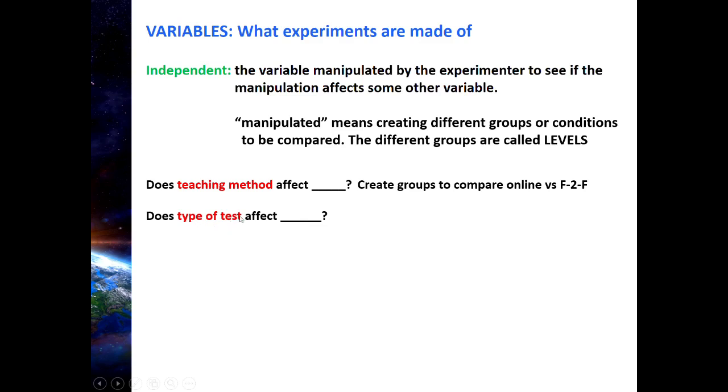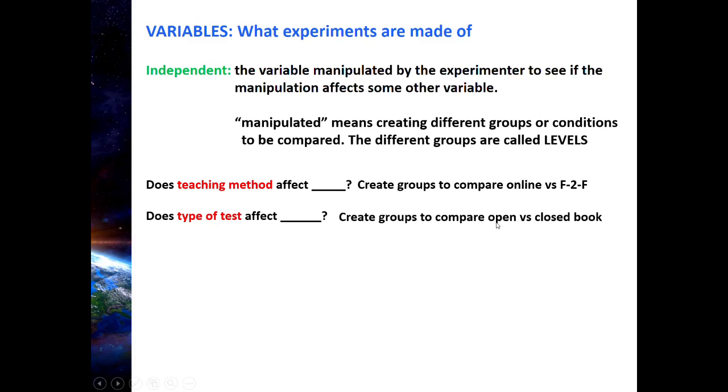So if I think this is going to influence something else, then this is my independent variable. And remember, what do we have to do next? Create levels. So what might be the levels? Well, how about an open book exam versus a closed book exam, right? Those are going to be my two levels, my two groups.